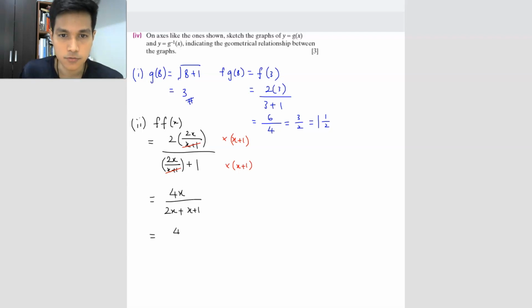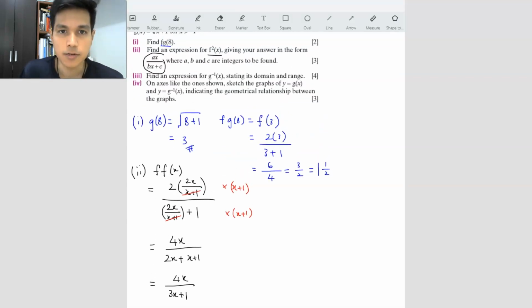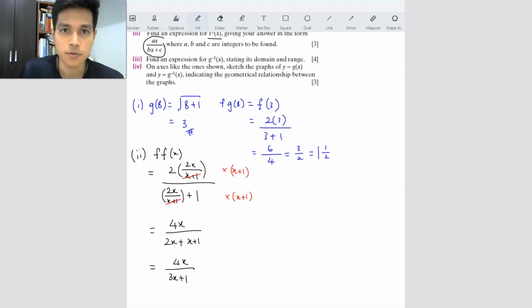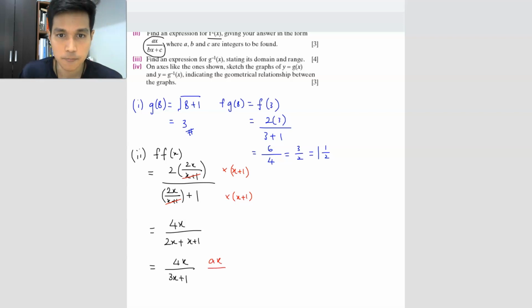So your answer is 4x over 3x plus 1. Okay, so the second one is done. Oh wait, they asked for a, b, c, right? From here we just have to compare. They asked for ax over bx plus c. So from here we know a is equal to 4, b is equal to 3, and c is equal to 1.